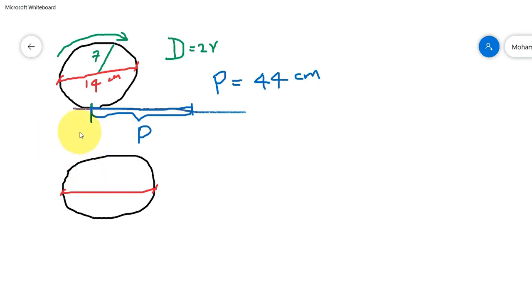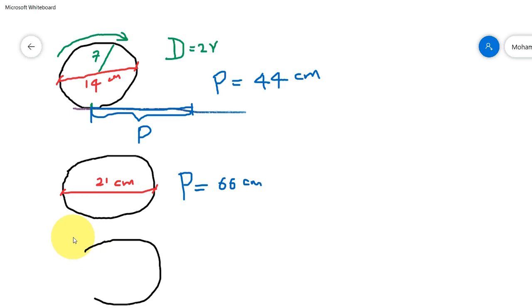Let me consider this as a circle, because my drawing is not perfect. In this case I'm going to consider my diameter as 21 centimeter. If you repeat the same experiment, you will get a perimeter of 66 centimeter. Let me take the third example. This time I'm going to select my radius as 28.